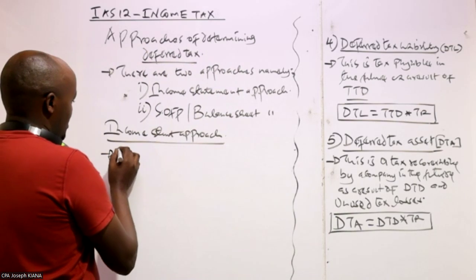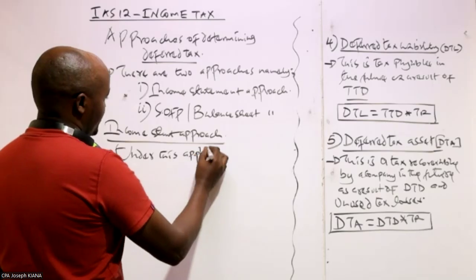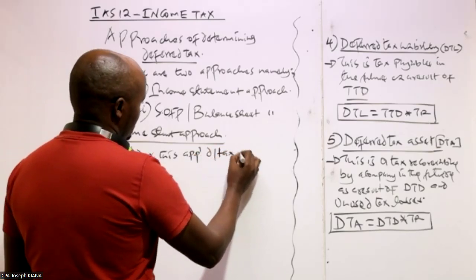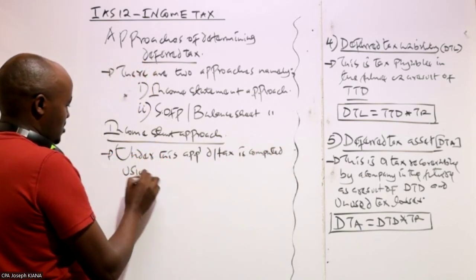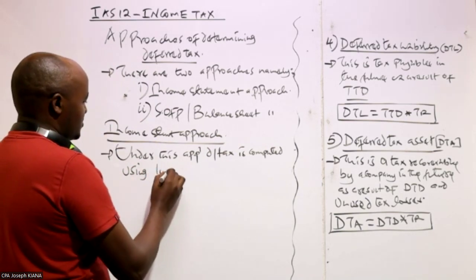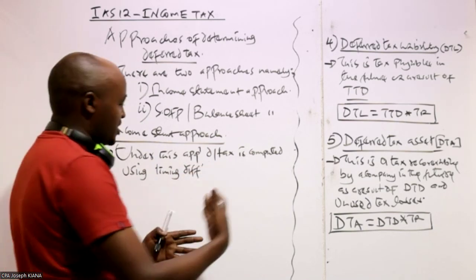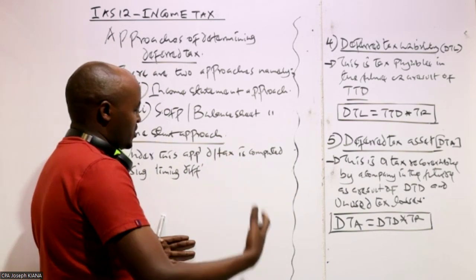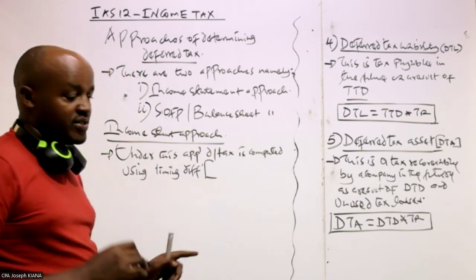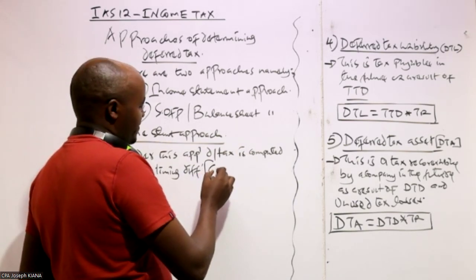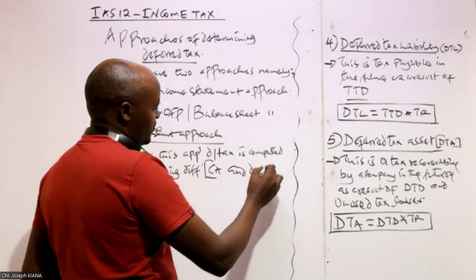And a good example of items which cause this difference is the difference between capital allowance or wear and tear and depreciation of the same asset.